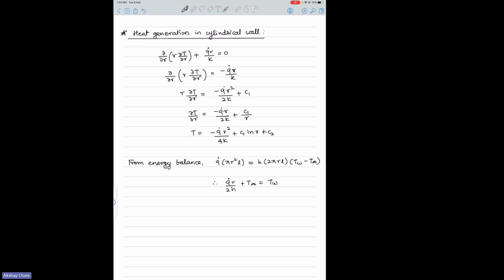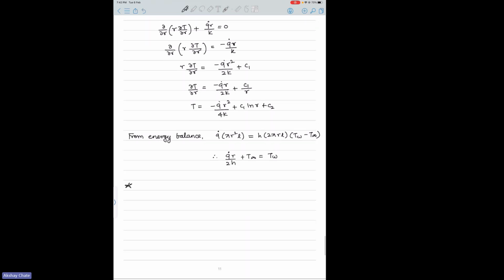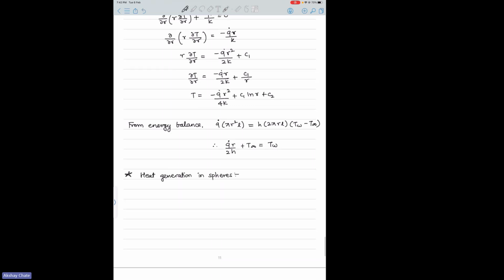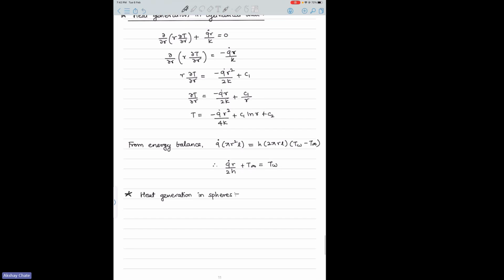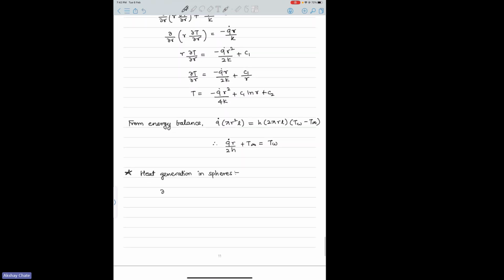This is the same in case of a sphere also. So in case of a sphere, here again, the governing equation is like this. Del by del R of R square del T by del R plus Q dot R square by K equal to 0.